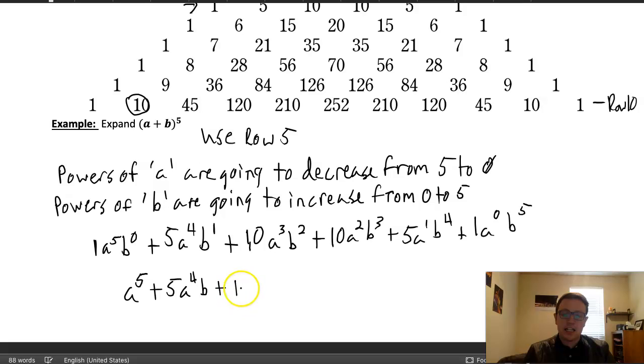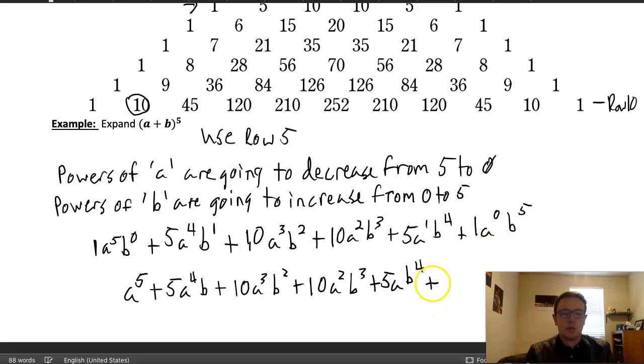Our next term would be 10a cubed, b squared. The next term would be 10a squared, b cubed. Then we'd have 5a to the 1, which we just read as a, b to the 4th. And our last one, we have 1. Anything raised to the 0 power is 1, so this is just b to the 5th.